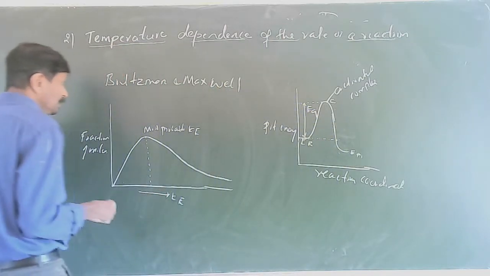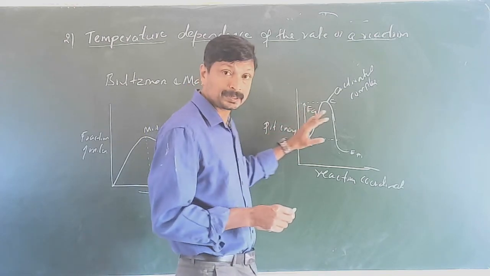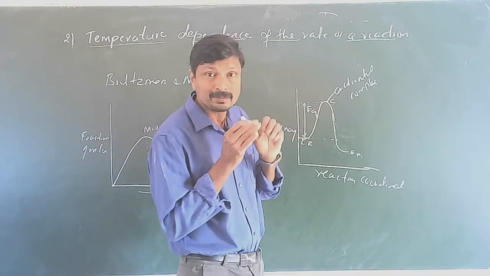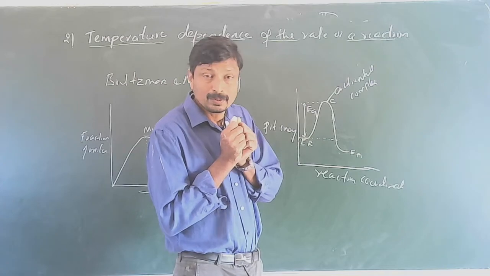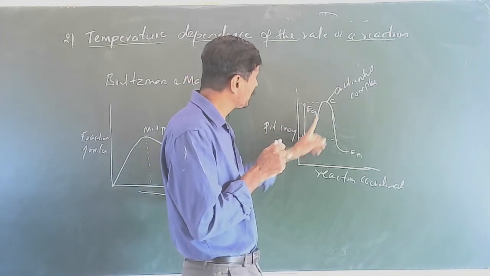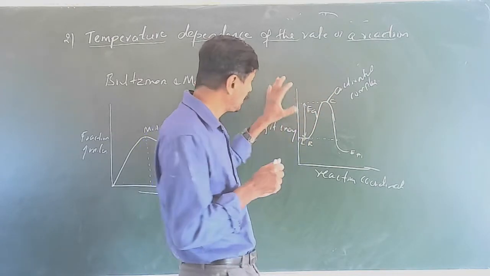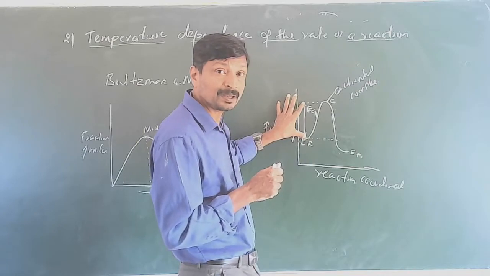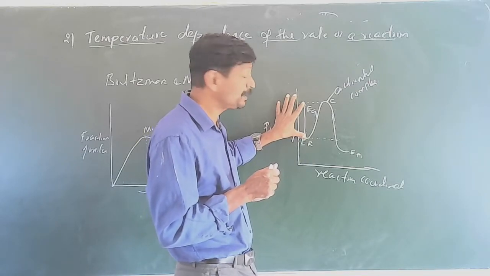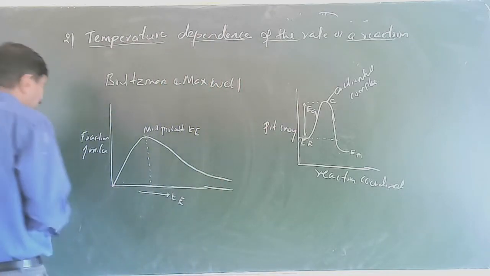You have already studied how the reaction takes place, through collision between the reacting molecules. But during that collision, the molecules must form the activated complex. In order to form the activated complex, they must have sufficient energy, called the activation energy. Now, what happens with a 10 degree increase in temperature?